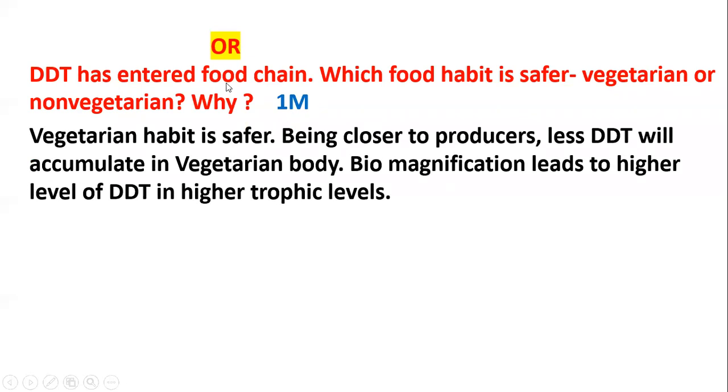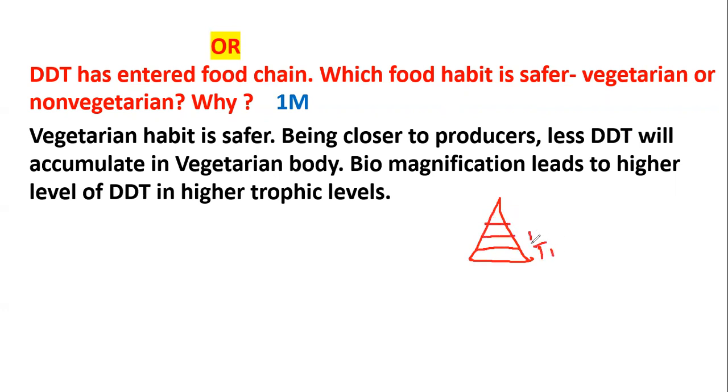You know that biomagnification means chemicals entering into our food chain. If you check the trophic levels, four trophic levels are there. In the first trophic level, there are the producers, and the accumulation of chemicals depends on biomagnification.